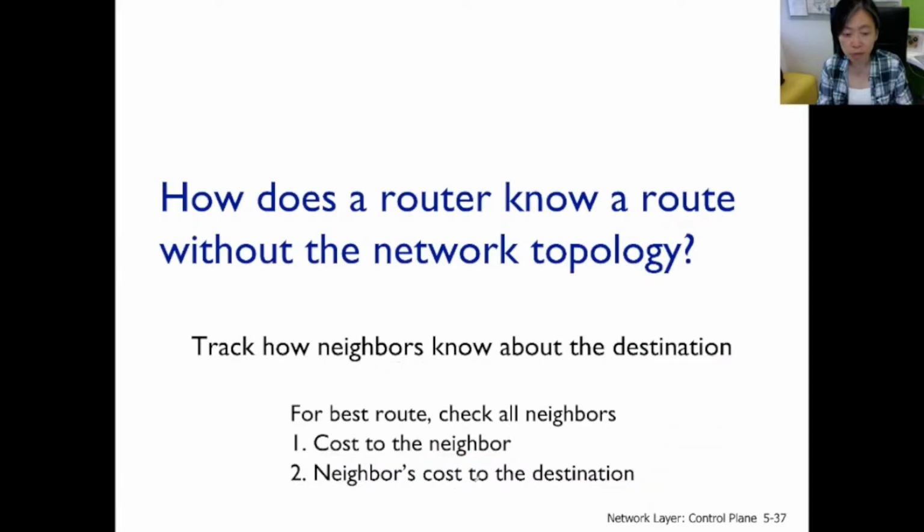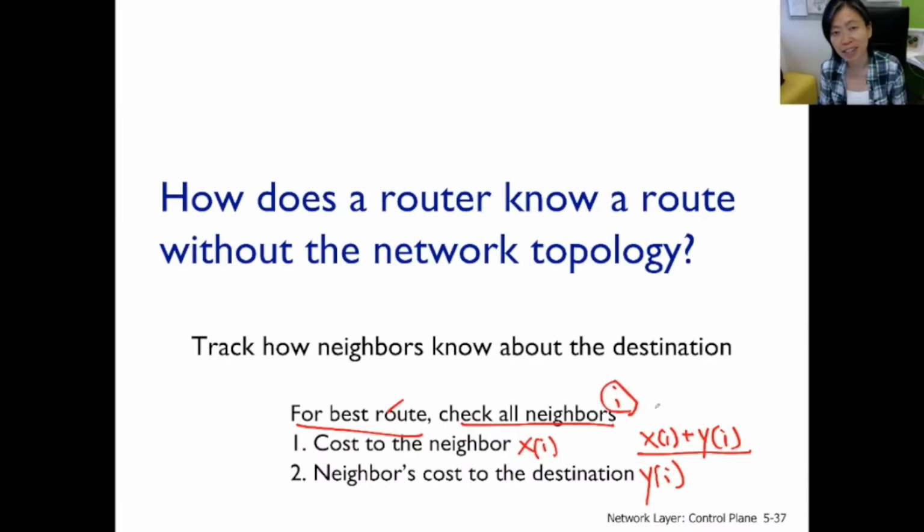But in order to discover the best route to the destination, you need to check through all neighbors. For each neighbor, you find the cost to that neighbor, and you find out from that neighbor the cost to the destination, and you sum up x and y. So you pick i such that xi plus yi is the lowest. There, you discover the best route, the shortest path, and i is the next hop that leads to the shortest path to the destination.